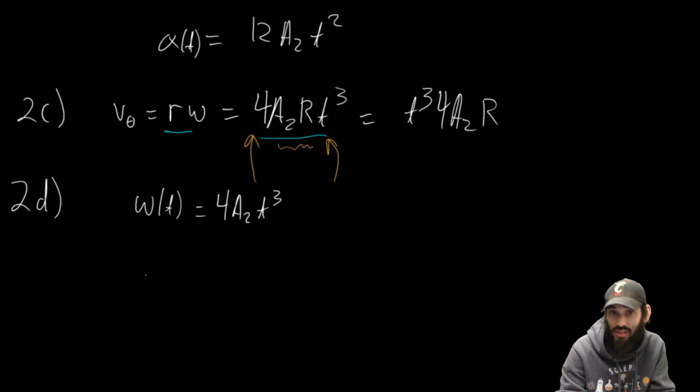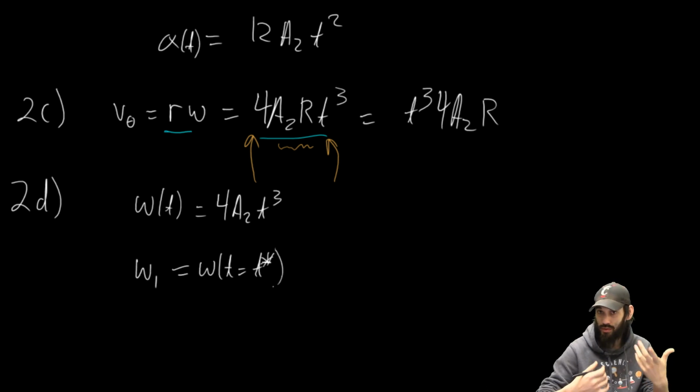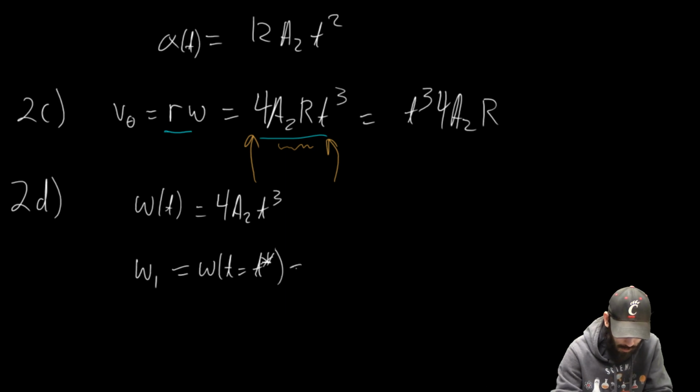We want to know how long it takes for this to have an angular velocity of omega 1. So we can say omega 1, that angular velocity, is going to be this function omega of t evaluated at a very specific time. And the way that I've been doing this is I'm saying the special time that we're looking for is t star. And so this is going to be 4a2 t star cubed.